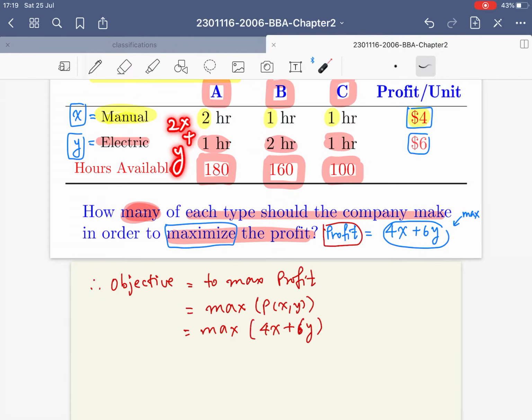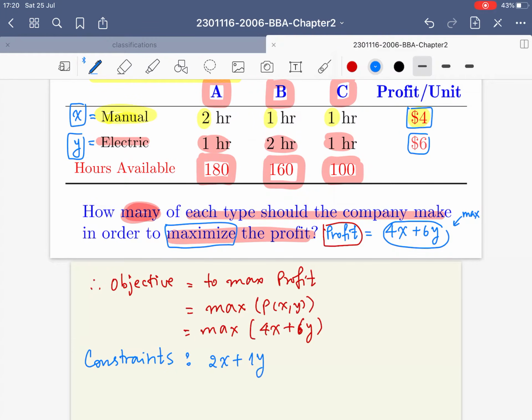You add them together, and it cannot go beyond this limit. So your constraint is 2x plus y is at most 180. This is for machine A.